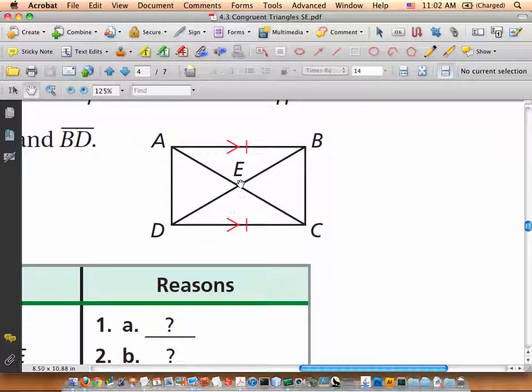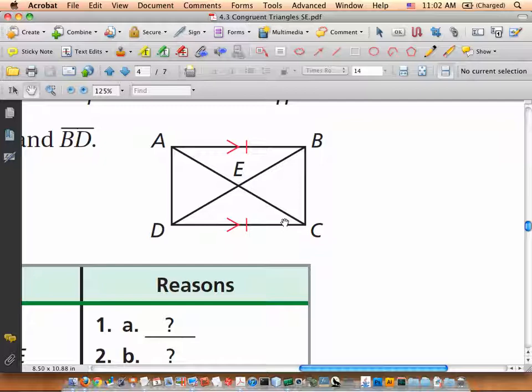ECD is definitely one of them. And that would be congruent to what? EAB, yes. So this angle here would be congruent to this one right here by the alternate interior angle theorem.